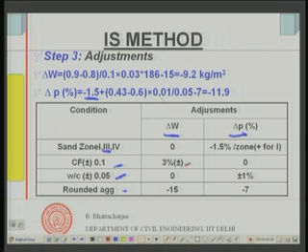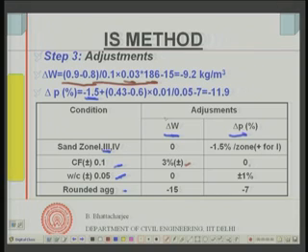So, compaction factor will have a correction or adjustment in water content alone: 0.9 minus 0.8 divided by 0.1, because for each 0.1 my correction is 3%. So, for 0.1 I multiply by 0.03, multiplied by 186, because it is 3% of 186. So, 3 divided by 100 multiplied by 186 into 0.1 into 0.9 minus 0.8. This will be the correction in water content due to compaction factor change, but no corrections in delta P.